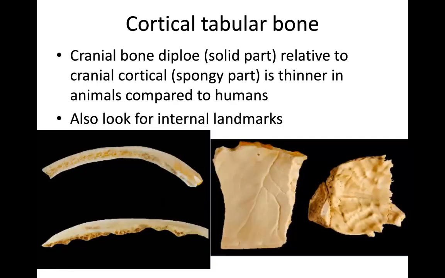The cranial bone also shows some of these main differences. You get more of that cortical layer and more sponginess in a human rather than with an animal. You also want to look at the morphology on the inside, okay? Here you can see where a lot of the blood vessels are right up against the cranial bone.